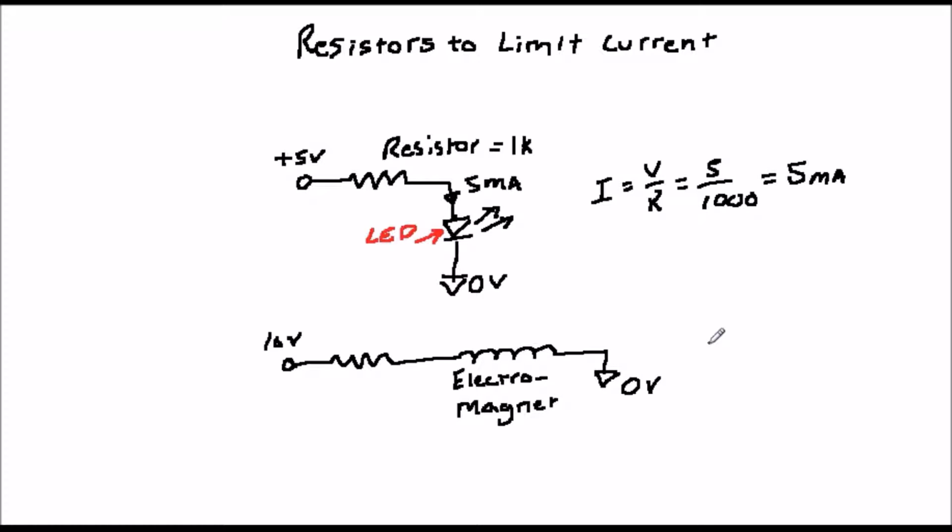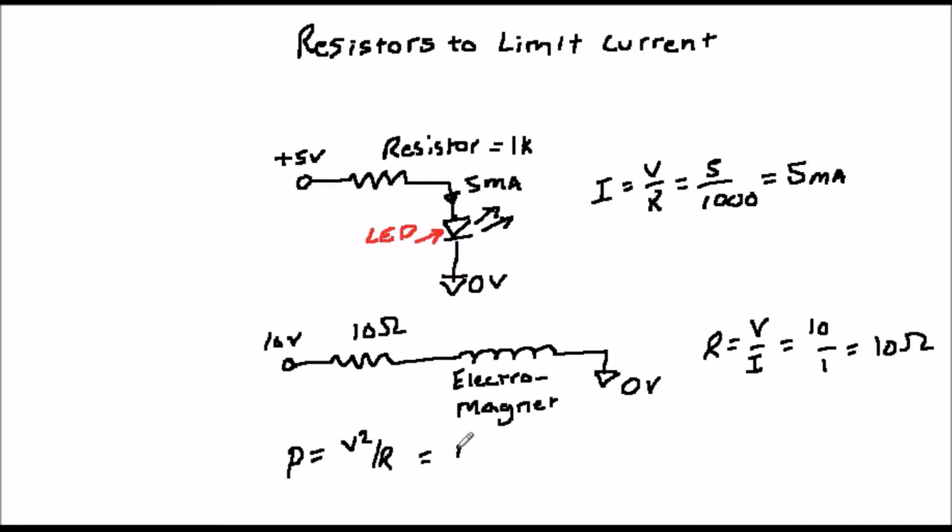So in this example, let's say that we want to limit the current to 1 amp flowing from a 10 volt power supply. We also need, however, to make sure that we choose a resistor which can handle this much power. In this case, the power flowing through the resistor is shown in the calculation on the screen and is equal to 10 watts.